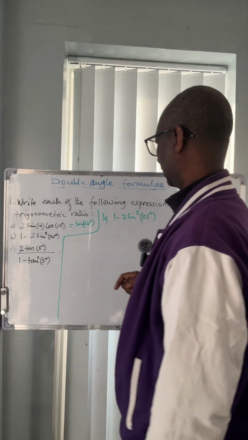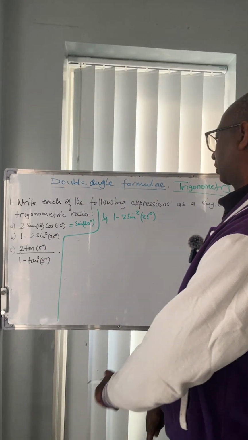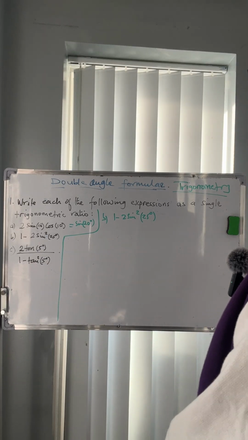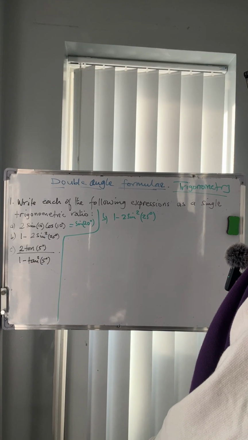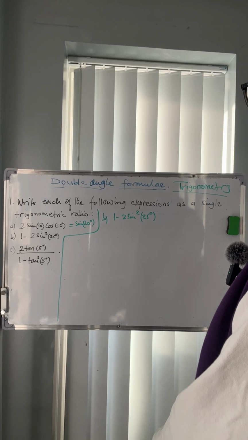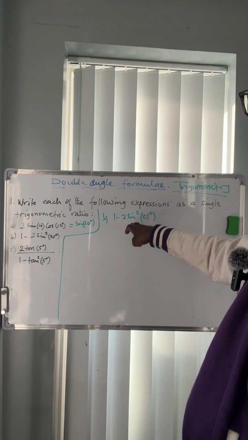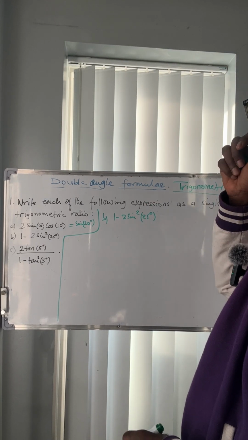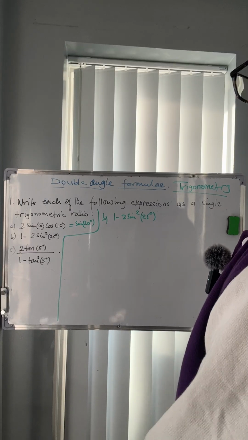Now, looking at this, you have 1 minus 2 sine square 25. So we need something about this sine square from our double angle formula.